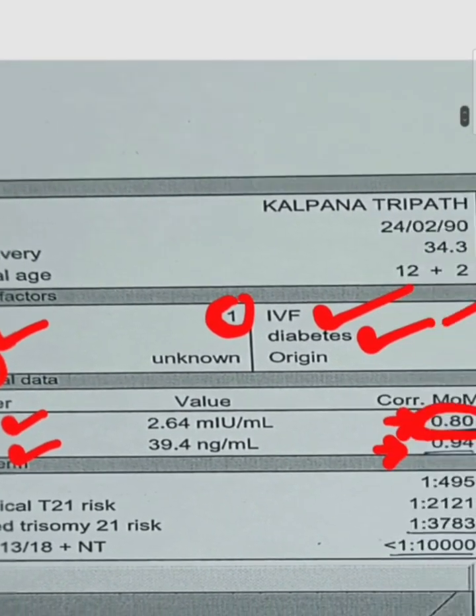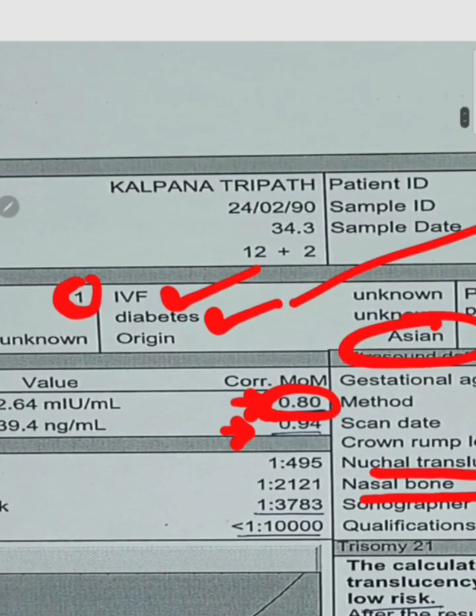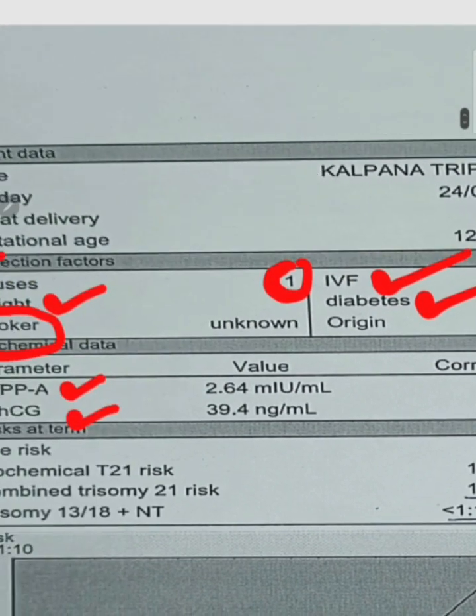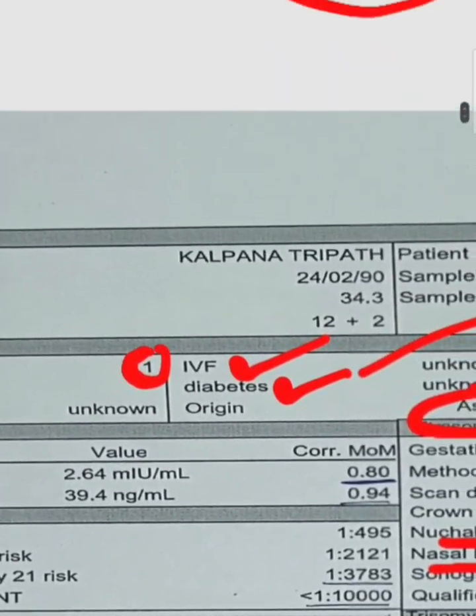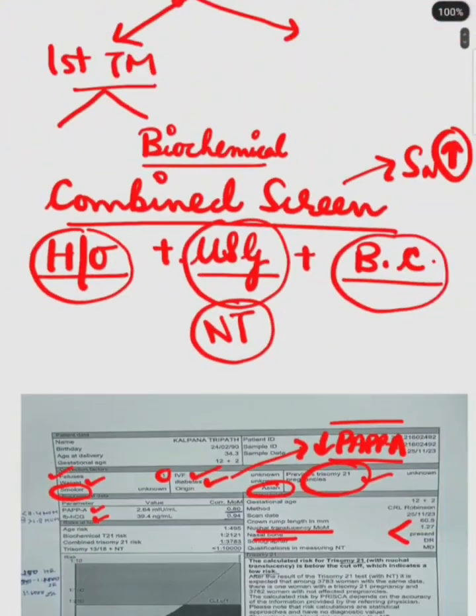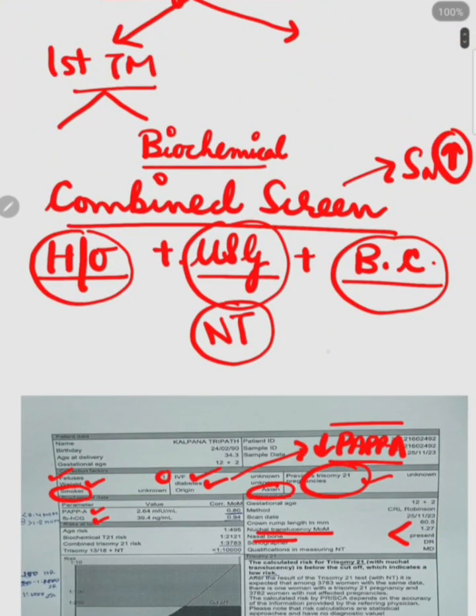Next is free beta HCG. Free beta HCG is 0.94 MoM. So 0.94 MoM is also normal because more than 1.8 MoM is abnormal. So you find that both free beta HCG and PAPP-A are normal. So finally we will combine all the history, ultrasound and biochemical markers, and we will calculate the final risk of aneuploidy.